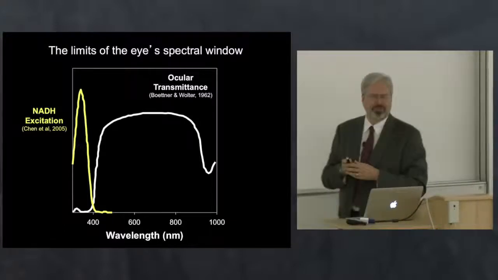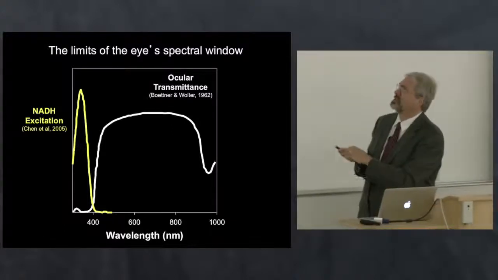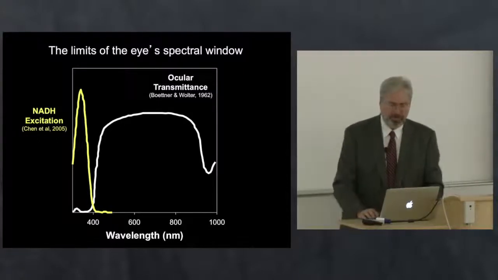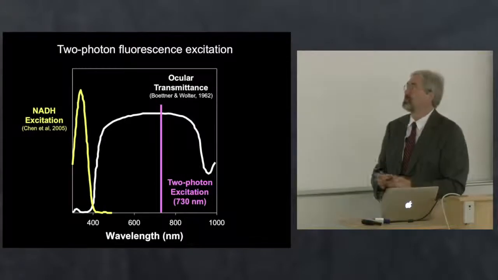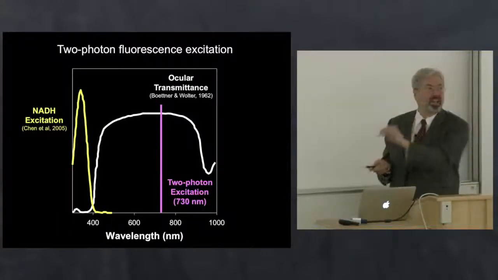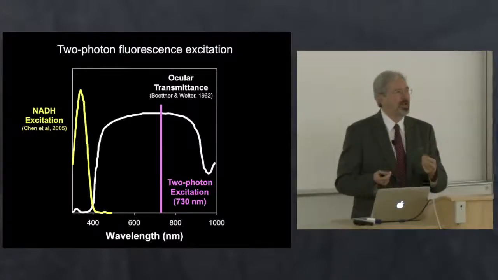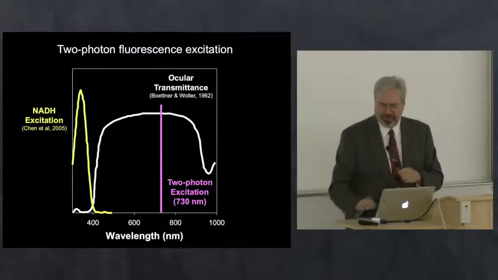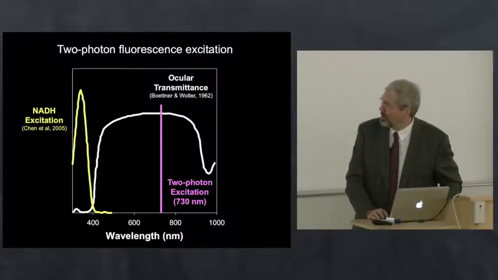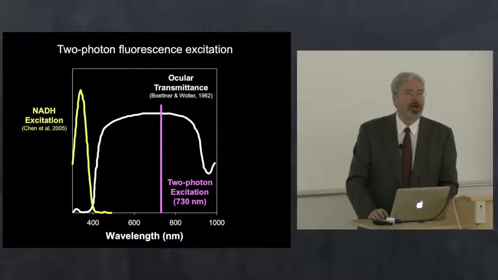So how can you use two-photon imaging to study this fluorophore that's inaccessible using other methods? Well, with two-photon imaging, you put in infrared light. That goes through the window, so you can get light in. But when it gets to the retina, it pretends, so to speak, and I'm using that anthropomorphic word loosely here, but it behaves as though it's light of half the wavelength.